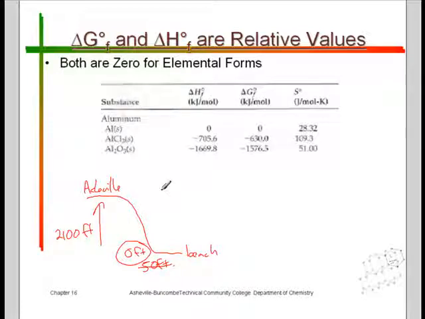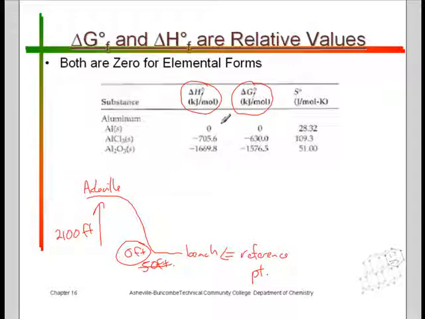As it turns out, and I'll explain this in more detail in the second presentation, just know that delta H and delta G are relative scales like altitude here, and we had to establish a sea level, if you will. 0 feet at the beach, that's our reference point for altitude. Humans have decided that's a convenient way to mark the 0 point.